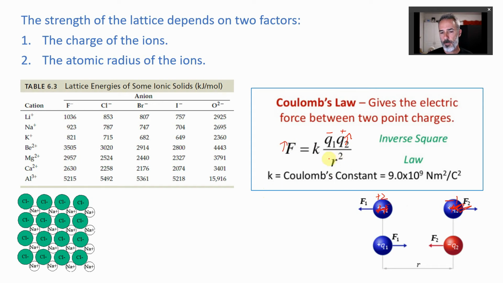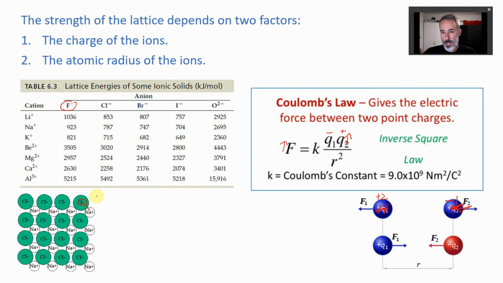Now let's think about the distance between them though. The distance between them is greatly impacted by their radius. You can imagine if the chloride ion was something smaller, like say a fluoride ion is a little bit smaller, that's going to allow those two ions to get closer together, and then the distance between them will become smaller.